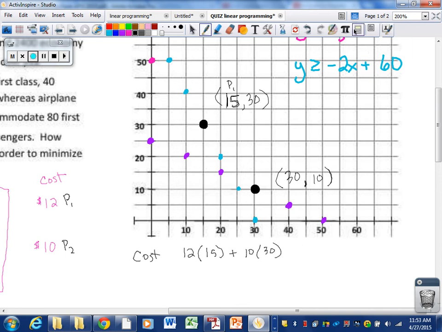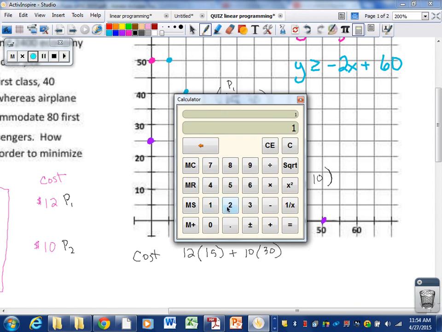Should we do it on the calculator? 12 times 15 is 180, plus 300. So if we used 15 plane 1s and 30 plane 2s, that would cost us $480,000, because remember, these units are in thousands.